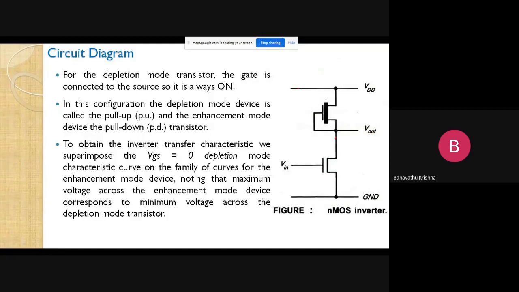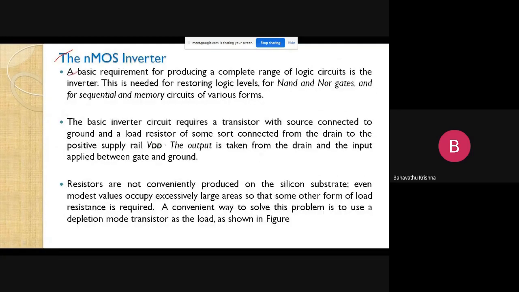At the first point, a basic requirement for producing a complete range of logic circuits is the inverter. A complete range of logic means if you apply input 0, you get output 1, and if you apply input 1, the output is 0. This is needed for restoring logic levels for NAND and NOR gates also.